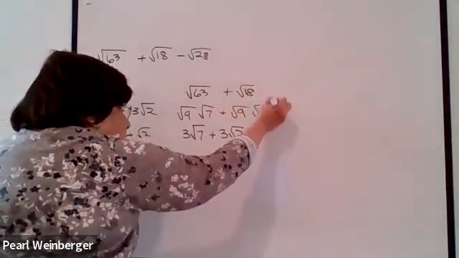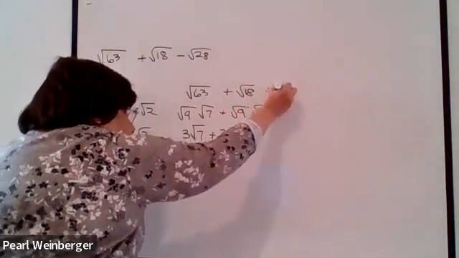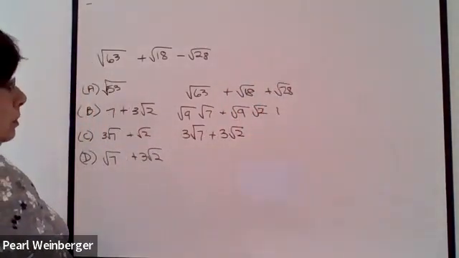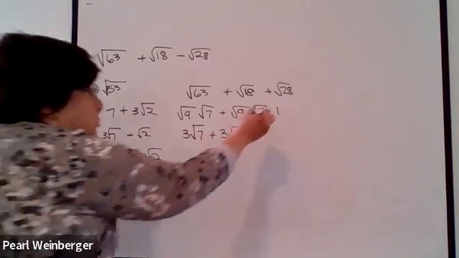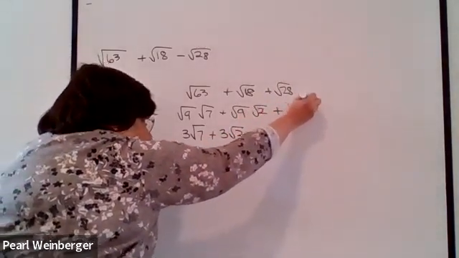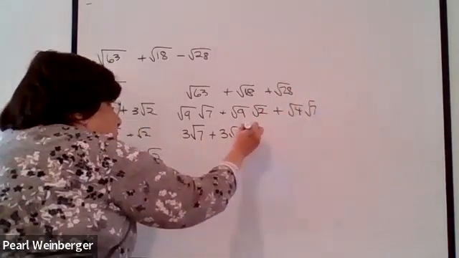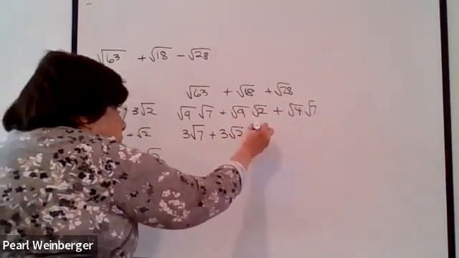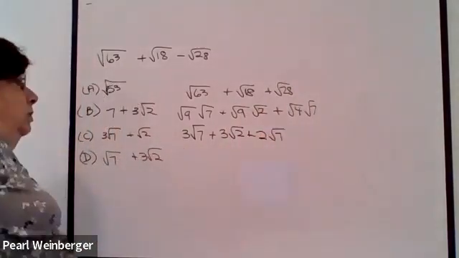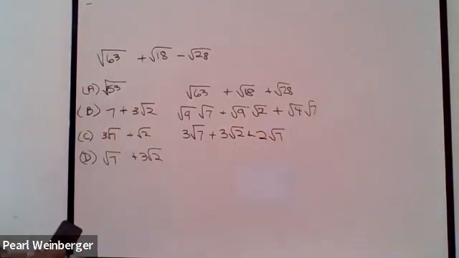And finally, we have the square root of 28. And 2 times 14 doesn't work, but 4 times 7 does work. We can break this up into the square root of 4 and the square root of 7, which will become 2 radical 7. So now I've gone and simplified each of my radicals.